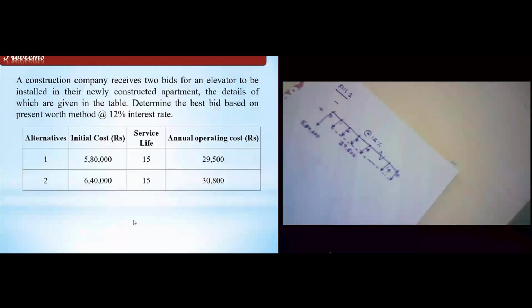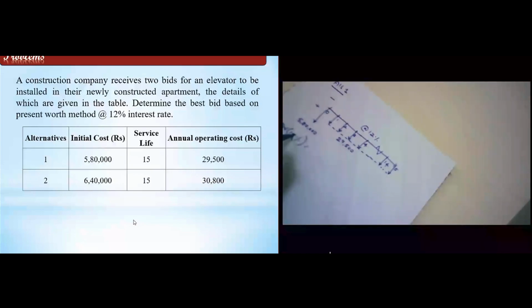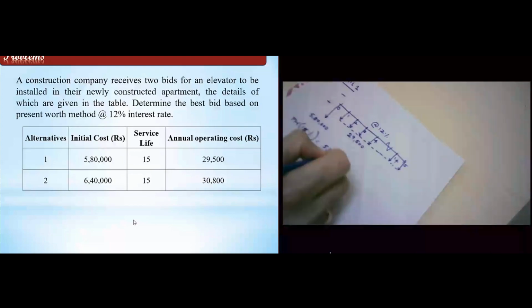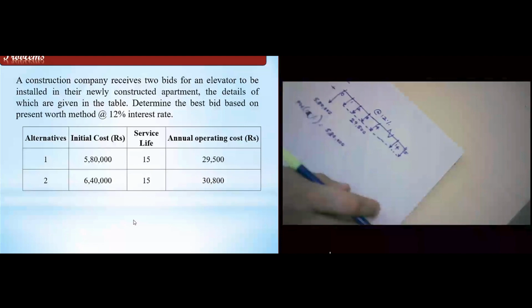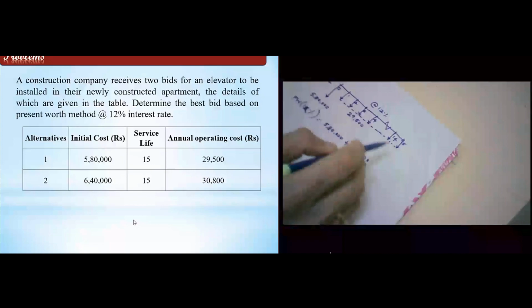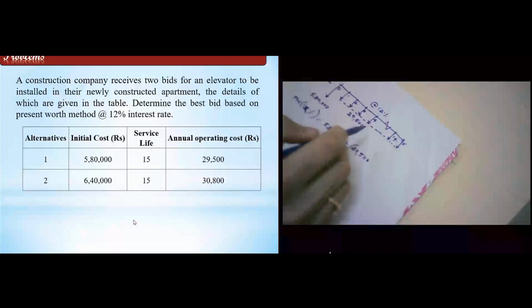So directly you can calculate its present worth at 12% interest. Here it would be 5,80,000. Since it is already in the 0th year, no need of multiplying it with any interest factor, plus 29,500, which is the annuity starting from year 1 to year 15.